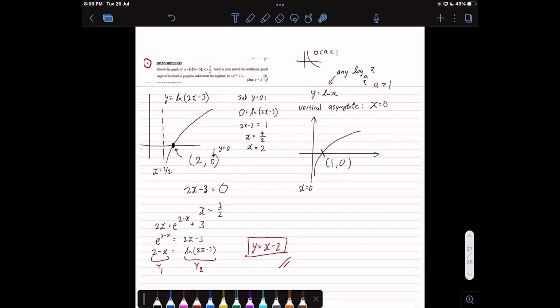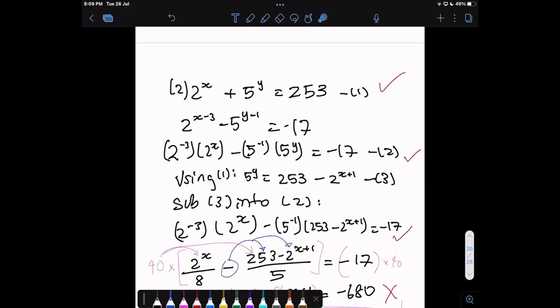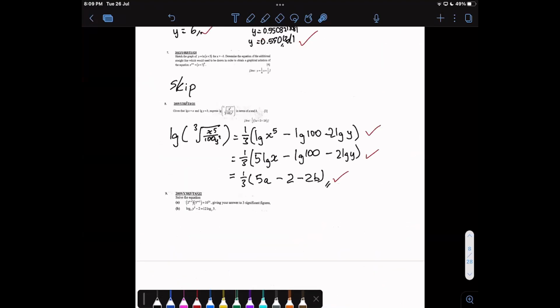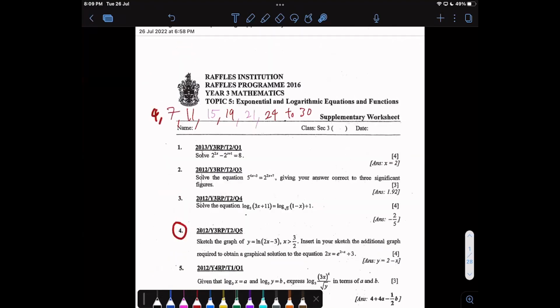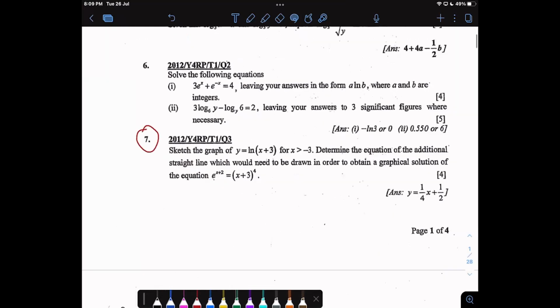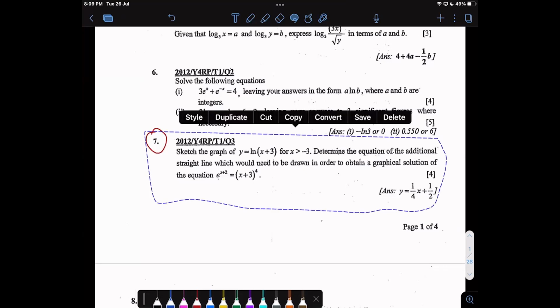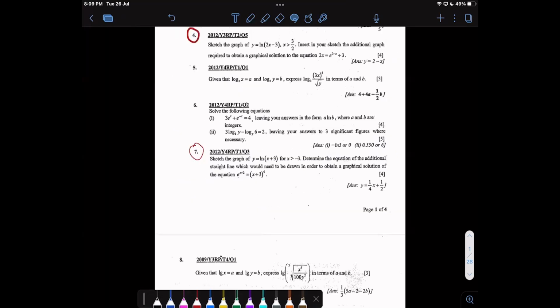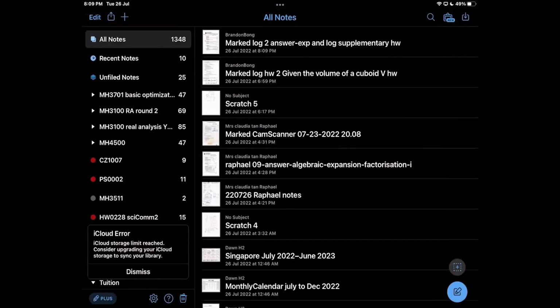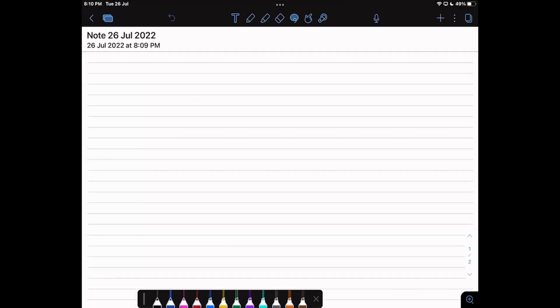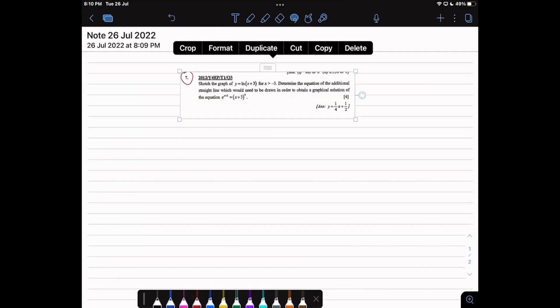Let's take a look. I need to scroll back up. Okay, maybe I should have started a new worksheet. The scrolling is a bit slow. Okay, yeah, I'm not gonna do that. I'm just gonna start a new worksheet. Okay, question 7. Let's go.